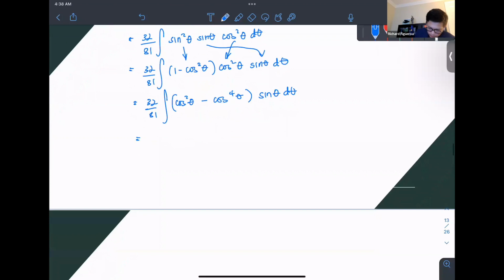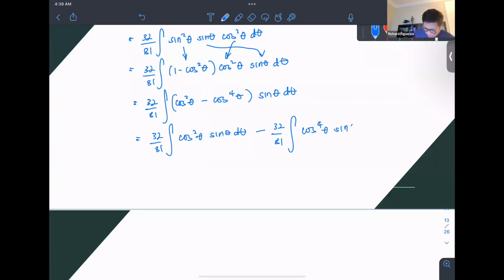Finally, this one will be 32 over 81 the integral of cosine squared theta sine theta d theta, and minus 32 over 81 the integral of cosine to the 4th theta and sine theta d theta.